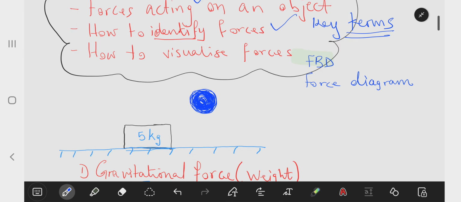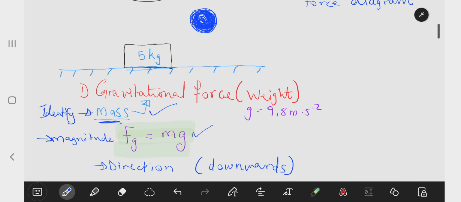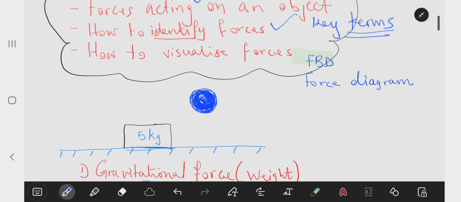For example, in this object, we can see that we have mass 5 kg, meaning that we have gravitational force. And we said gravitational force is always acting downwards. So we know that there is a force of gravity which is acting downwards, okay? And then we can see that there is a surface in this case. And the fact that there is a surface, we have normal force, okay?